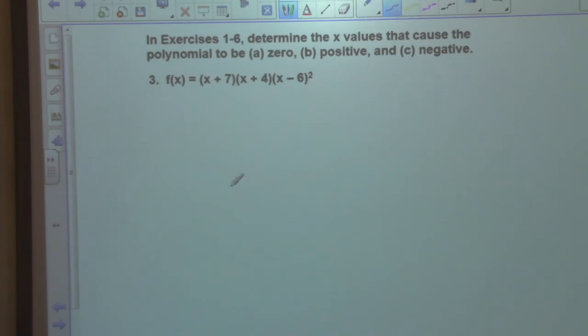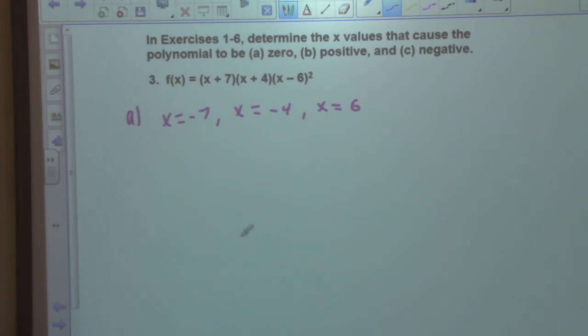A is x equals 7, negative 4, 6, and 6. Like that? Okay. What next?